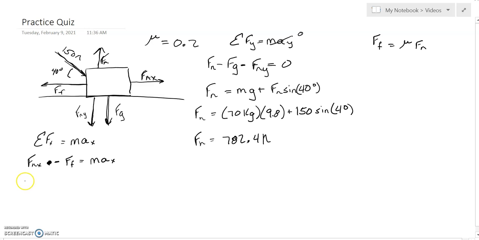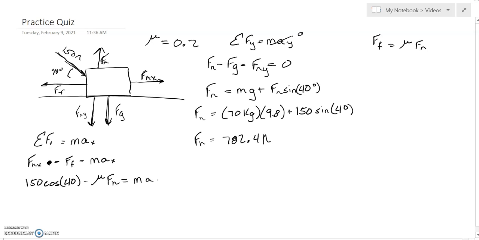I can plug that in, and I'll just plug in a couple numbers here. We have our 150 cosine, because it is in the x, we have a cosine, 40 degrees, minus our force of friction, which we saw was mu Fn, equals mass times acceleration.